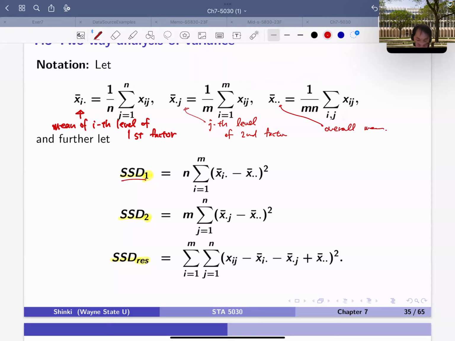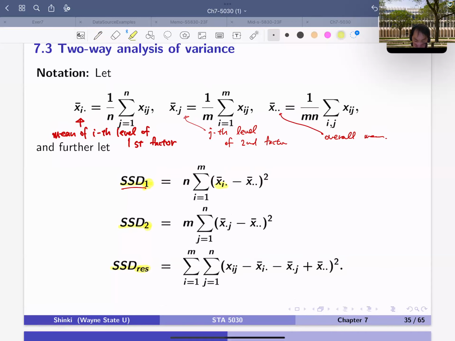So SSD1 basically describes how much variability there is between groups in factor 1. We have the deviation of the i-th group from the overall mean. If we take the square of this and take the summation, basically this means the variability between groups for the first factor.